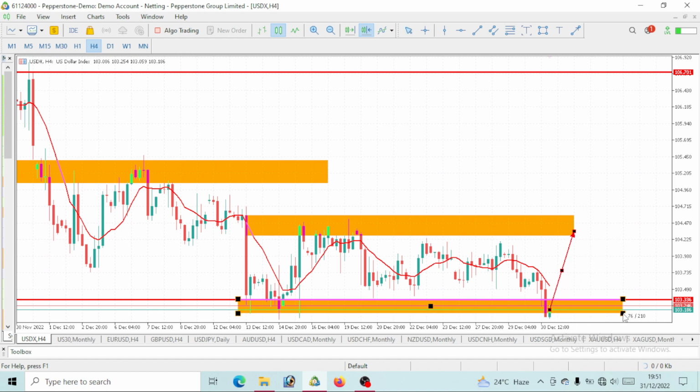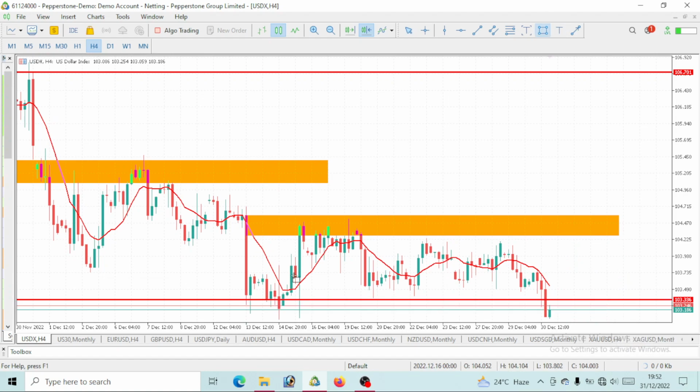After they get to the resistance level on this DXY, maybe the price will drop again to this support level, and then again go up to the resistance level. Price might be ranging for some time on the 4-hour time frame until price gives us a breakout of this support level. Then we can go ahead and sell on this DXY. Above all, this DXY, as we are seeing it, will be giving us a bearish move.